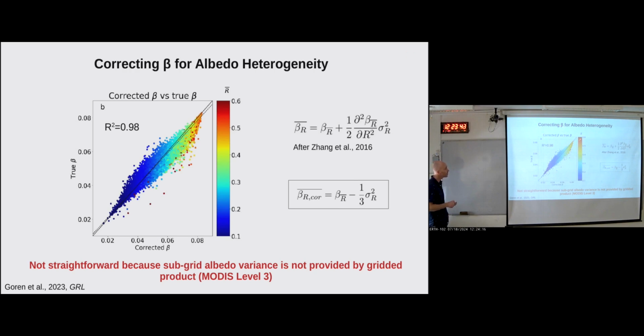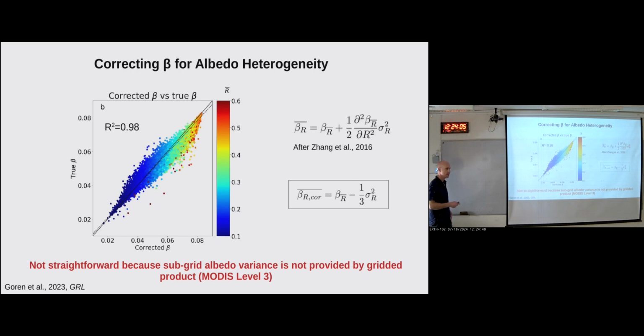And just to mention that we also provide a correction for this albedo susceptibility bias. This correction is very simple. We just need to take the standard deviation of the albedo. But it is not straightforward to apply, because MODIS does not provide us the standard deviation of the albedo.